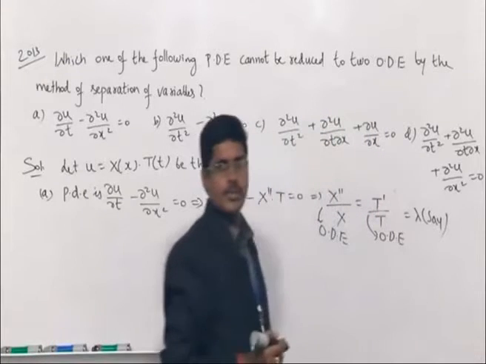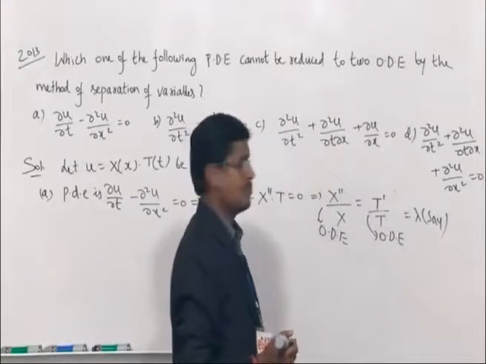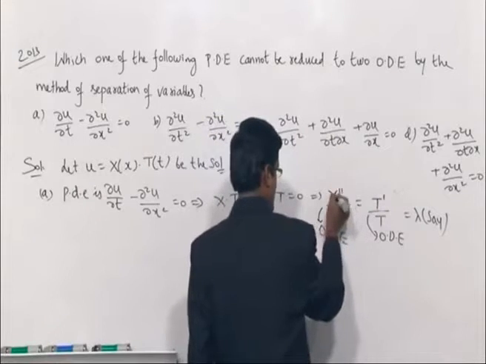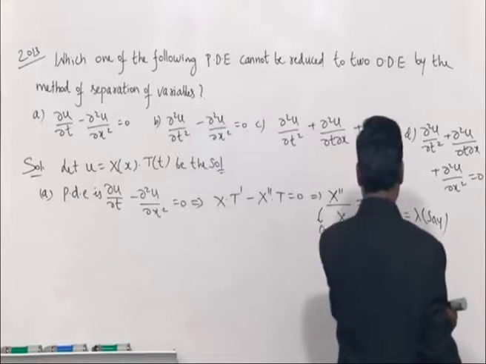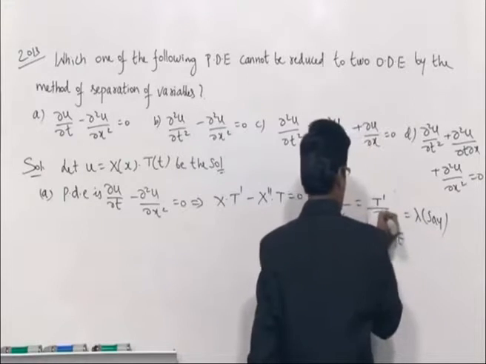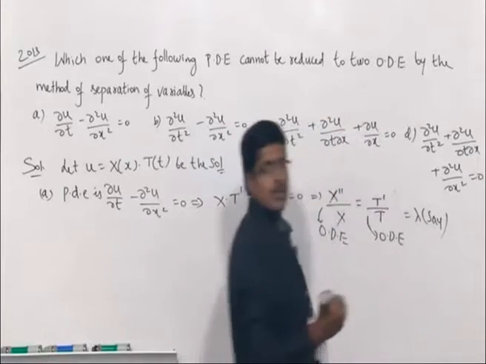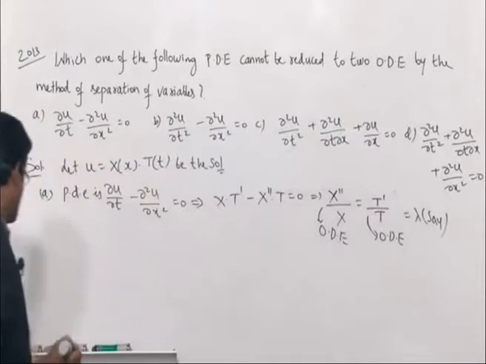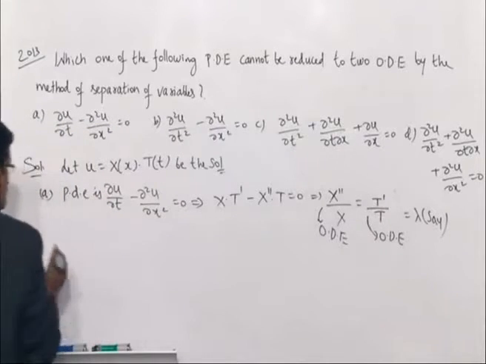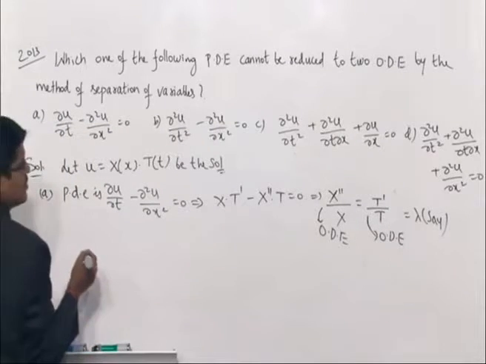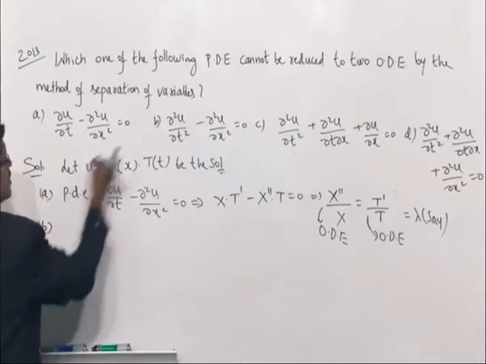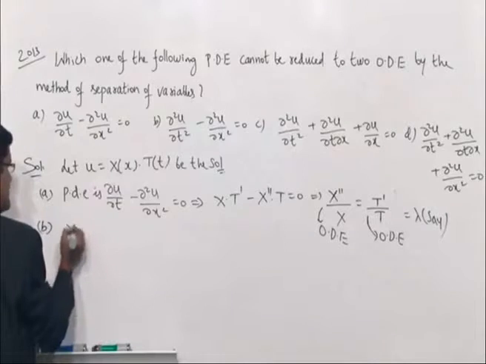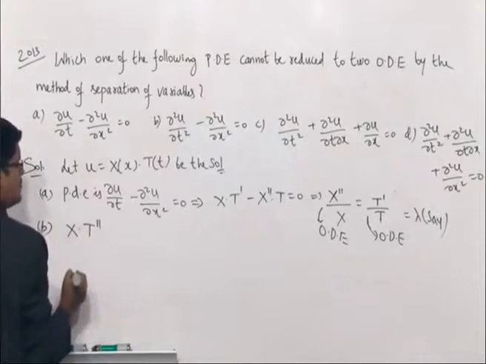T dash and x double dash divided by t. Next, option B, dou by dot t square, that is x t double.